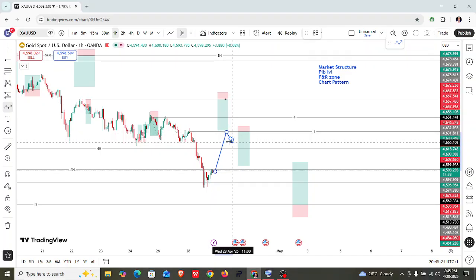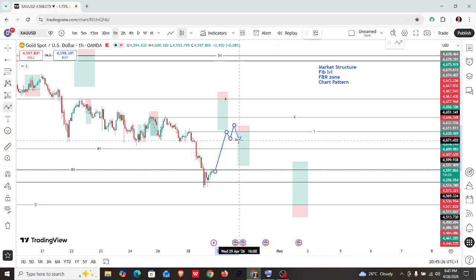Come down, create a first leg, then come up. Most times it normally does this. Gold would like to do head and shoulder, inverse head and shoulder pattern of all of that. So create and come back.